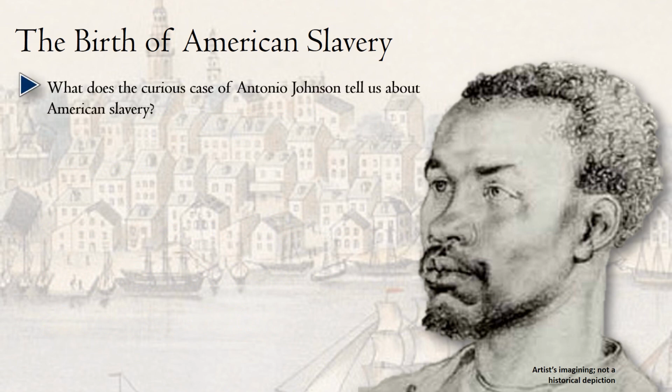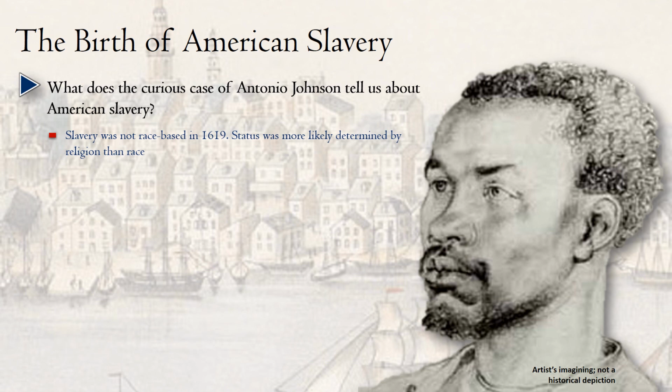Wow. Okay. So if this is a confusing story to you, you're not alone, because the curious case of Antonio Johnson tells us a lot about American slavery, at least in its early phases in the Chesapeake. One is that slavery was not race based in 1619.